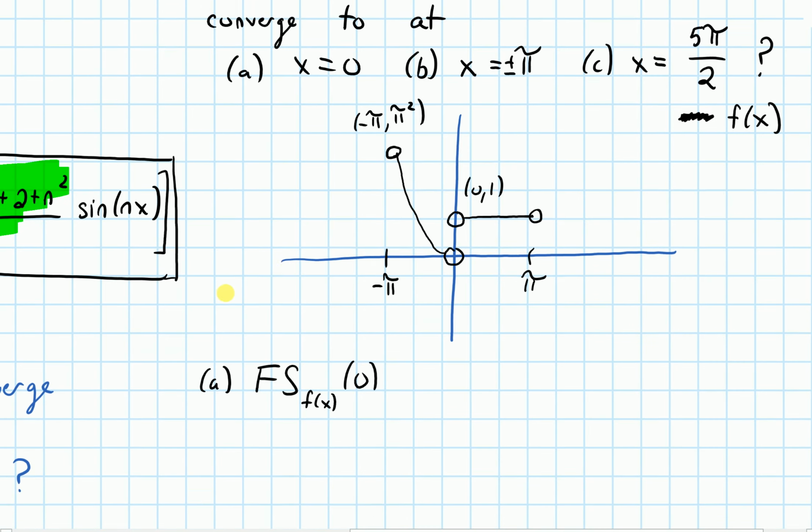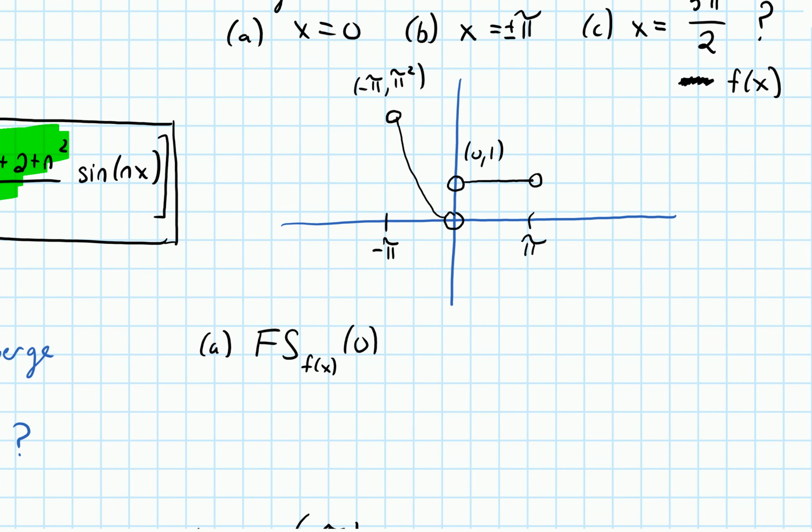Let's remind ourselves what this notation means. It just means this is the Fourier series of the function f of x, and now we're evaluating this at 0. So what do we get if you plug 0 into the Fourier series? What is that going to converge to?